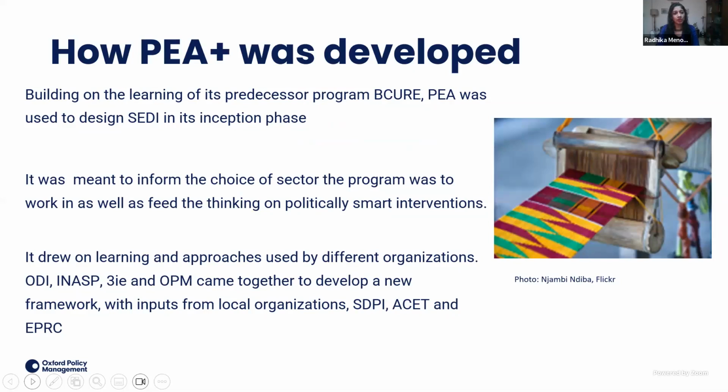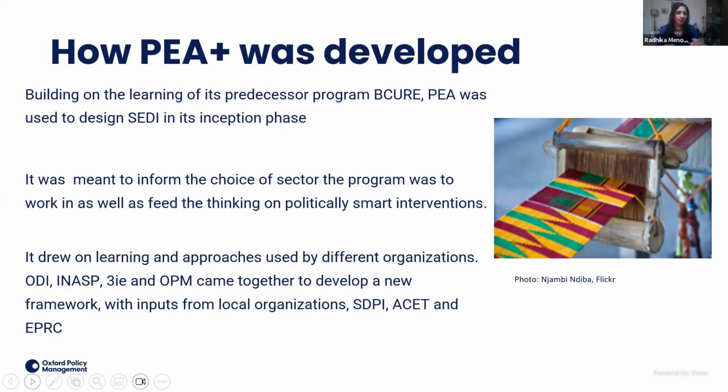So we went on to develop something that was called the PEA Plus framework. And why did we do that? SEDI built on a predecessor program called BCure, which focused on capacity development for evidence use within government. But the big lesson learned from that was that just focusing on capacity development without looking at the political spaces of change doesn't get us very far.